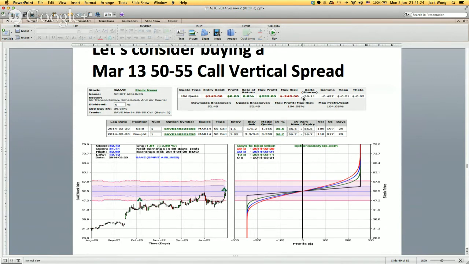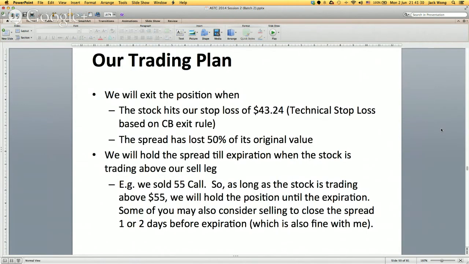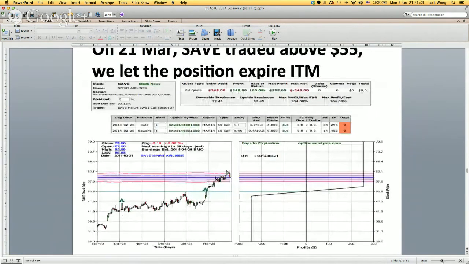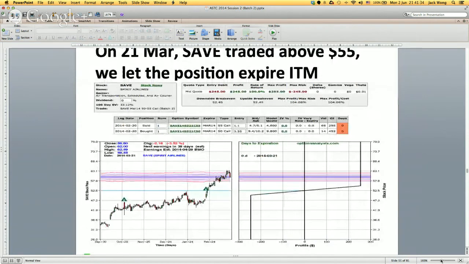So my point is, if the stock is above 55, I basically do nothing. Honestly, on the 21st of March, the March expiration day, the stock is way above 50. So I just let the position expire in the money.